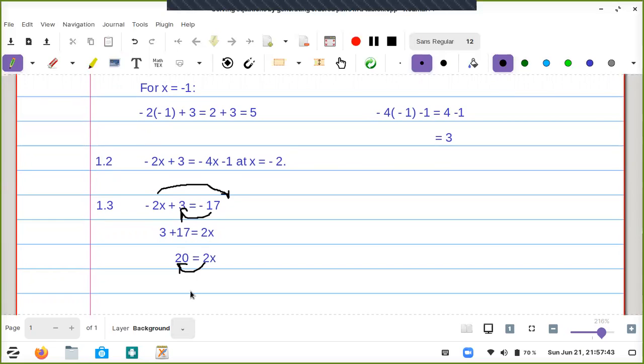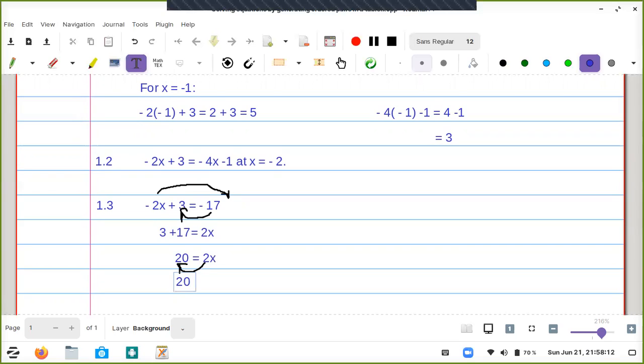Since we are moving it over the equal sign, it means it's going to take the opposite operation, which means it becomes 20 divided by 2.